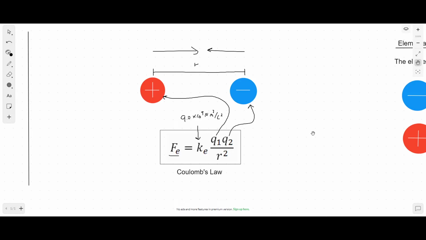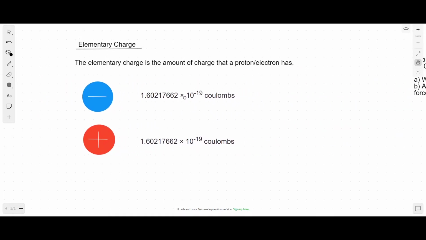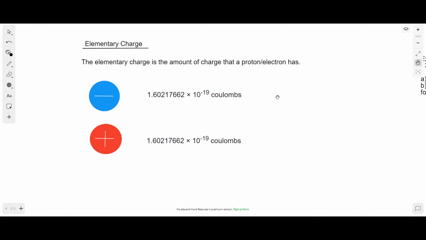Before we can talk about using the equation and calculating how much objects will pull towards each other because of their charges, we have to talk about the measure of charge. So what I'm introducing here is what's called the elementary charge. The elementary charge is the amount of charge that a proton or an electron has. This blue circle here is an electron, and this is a proton.